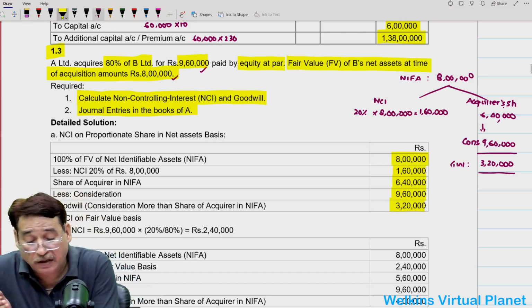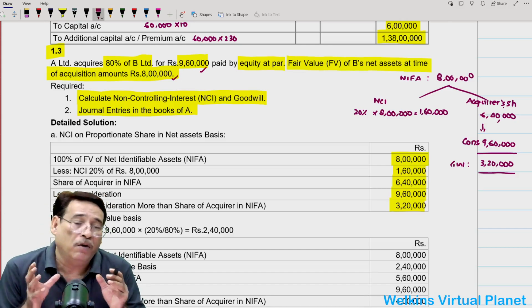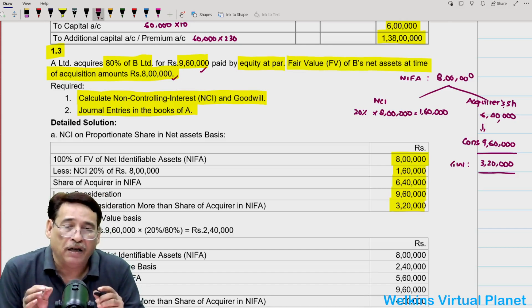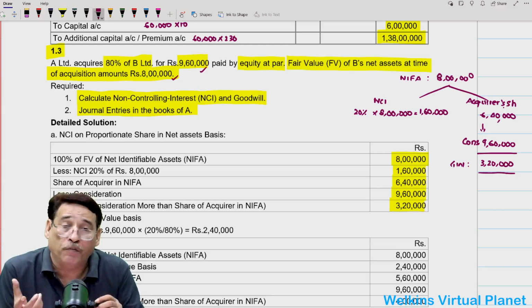Earlier in the last session, I had talked about the fact that in order to compute NCI, the acquiring entity has the choice. It can compute NCI either on proportionate share of net assets basis or on fair value basis.